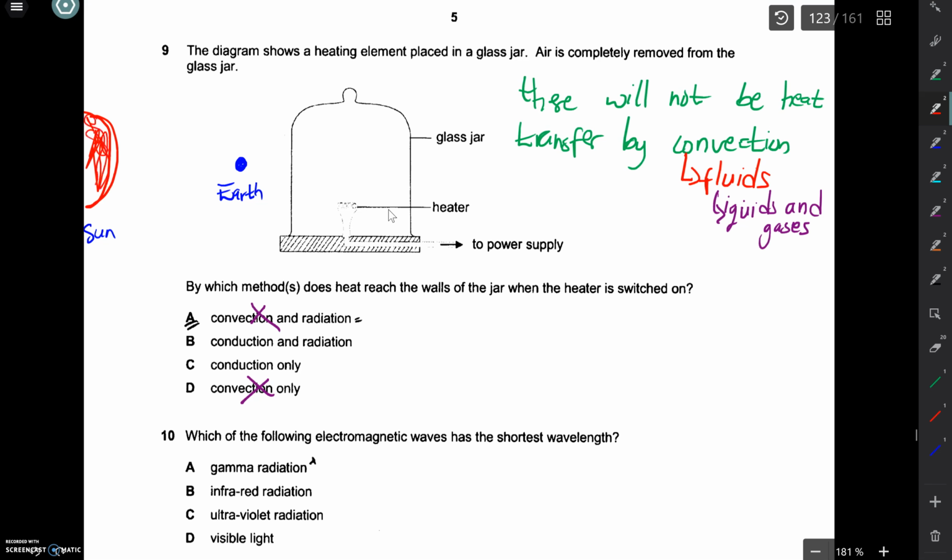So light and heat, well, let's say heat reaches the earth from the sun by radiation, because we know that in outer space there's absolutely no air, right? There's no air in outer space, no air or no atmosphere.